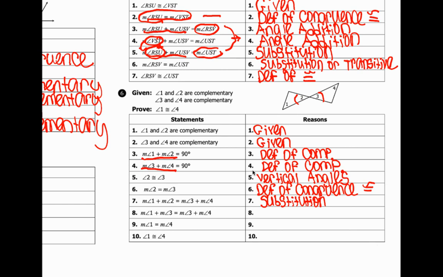So then they're saying, okay, if I know that, then I know 1 plus 3 equals 3 plus 4. So notice they made a change here. They replaced 2 with 3. So that's substitution, or if you want to go all the way back and look at lines 3 and 4, that'd be transitive. So again, either one.